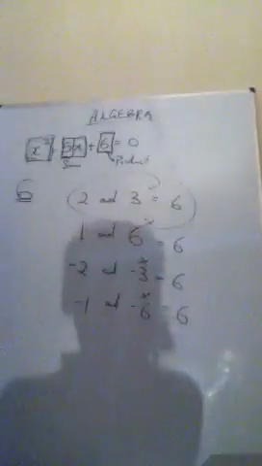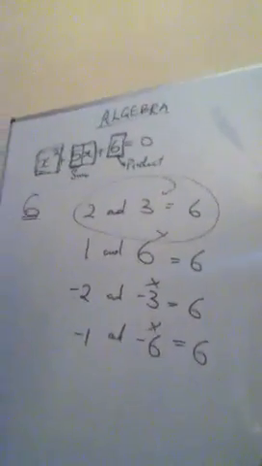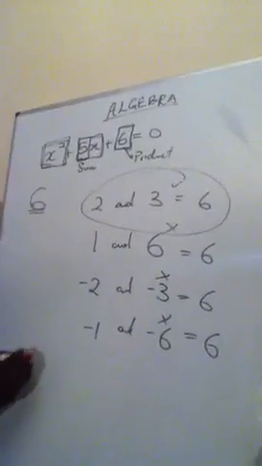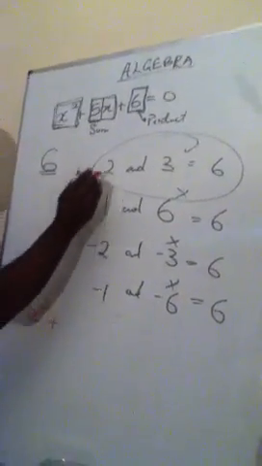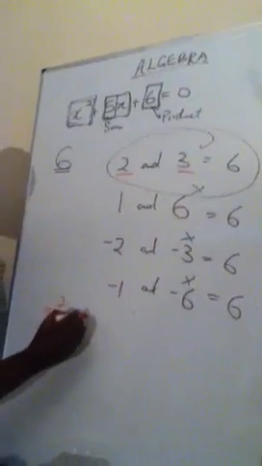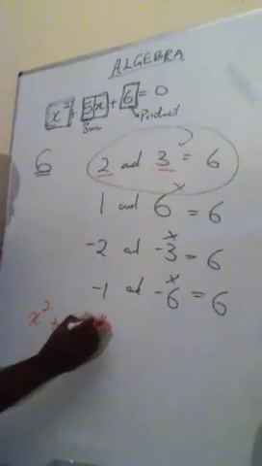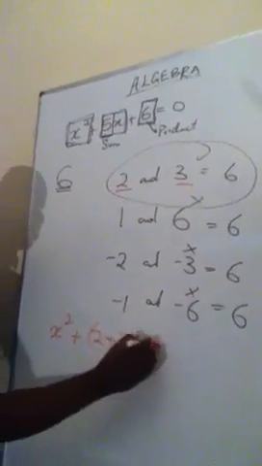So now, let me use a red pen. We can rewrite the equation such that x squared plus, remember this is what we're using, 2 plus 3 all into x, plus 6 is equal to 0.